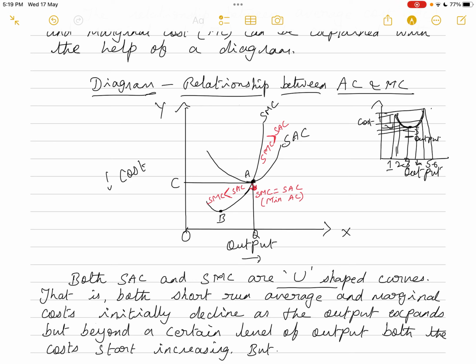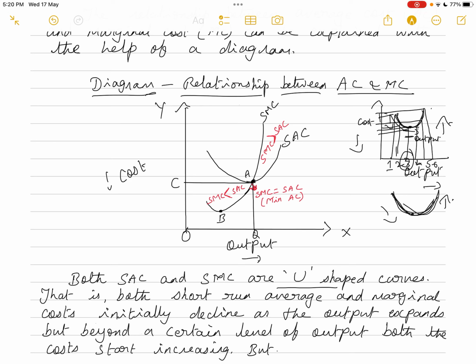So that means up to 3 units the cost is decreasing. Beyond 3 units the cost starts increasing, isn't it? So that's why this is a U-shaped curve. Initially it decreases, reaches the minimum point, and then it starts increasing.